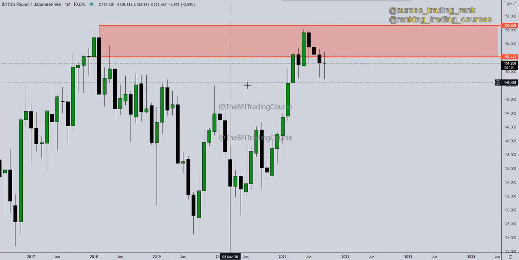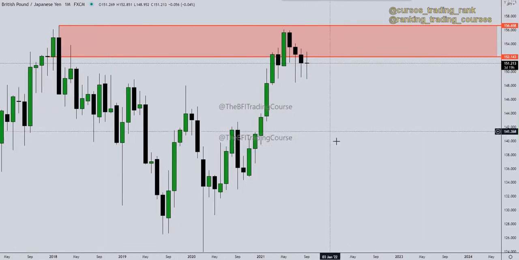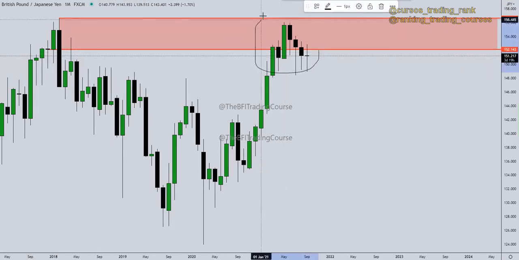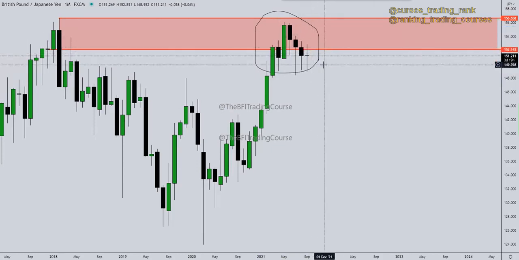So what do we do on the monthly to get our bias? Are we bullish, bearish, or potentially reversing? Well, anytime we're at any monthly zone, we are potentially reversing our bias. Does that mean HPT sell or HPT buy? We really can't say.